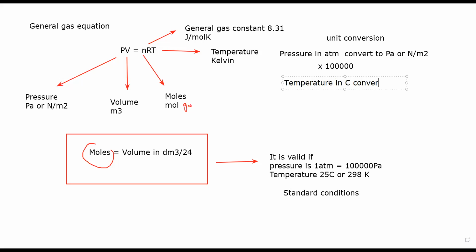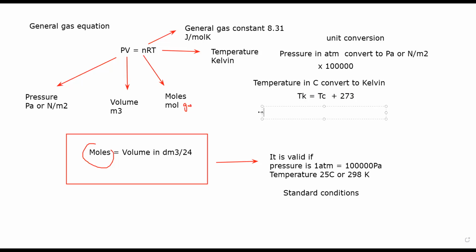We will convert to Kelvin. Fahrenheit is also a unit of temperature, but not the SI unit. So we add 273, because the temperature in Kelvin equals the temperature in degrees centigrade plus 273.